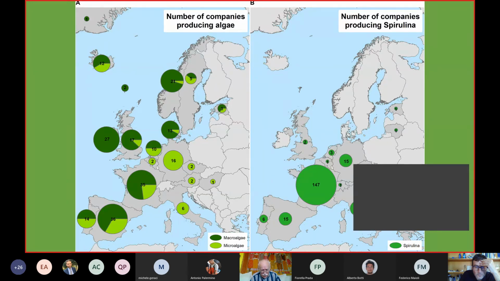And you can see from that there is a lot of room and opportunity to increase both fields of macro and microalgal culture in Italy, where, compared to other countries in Europe, it is almost non-existing.